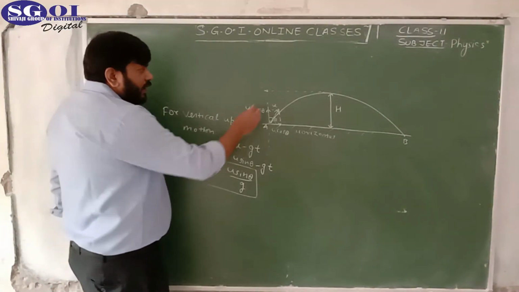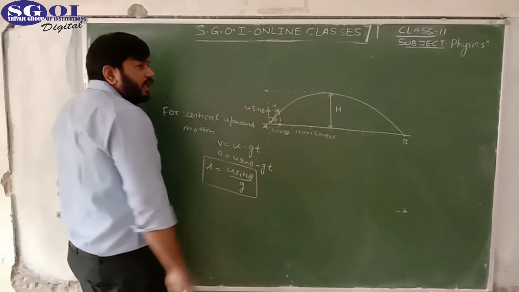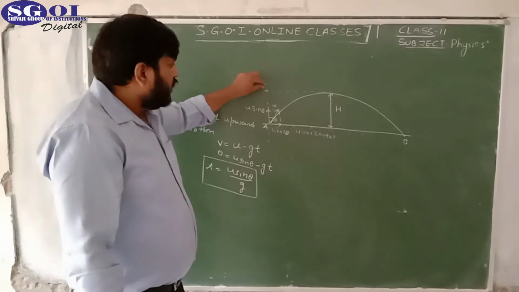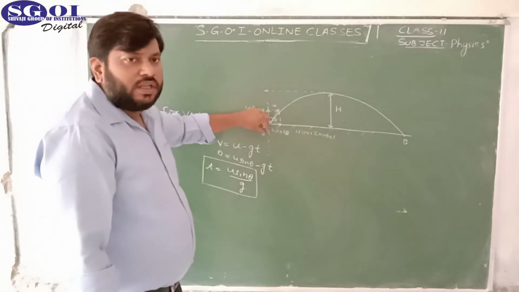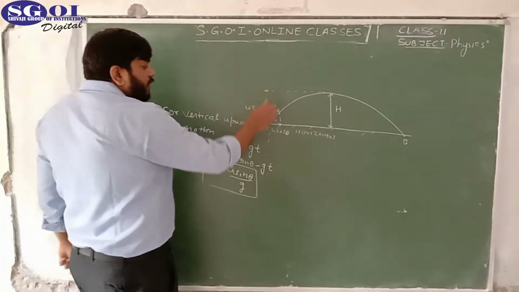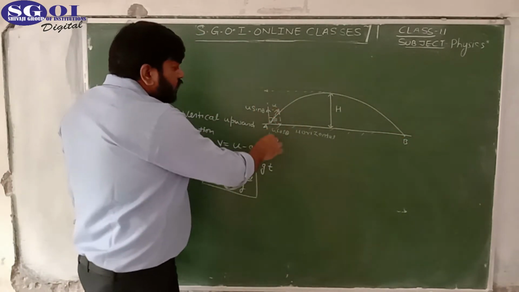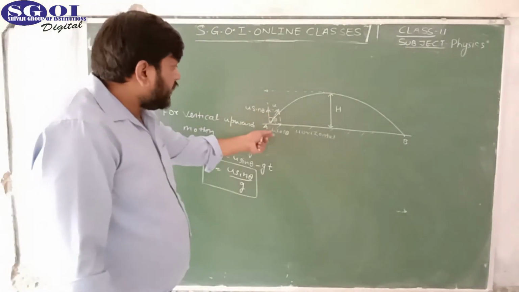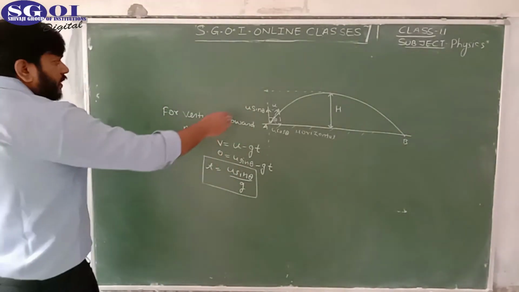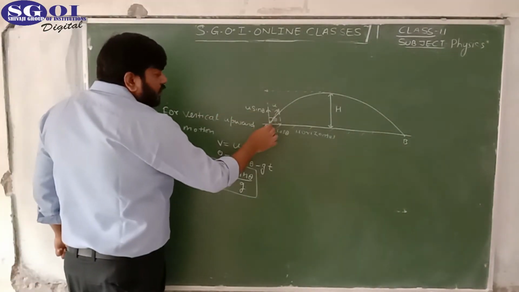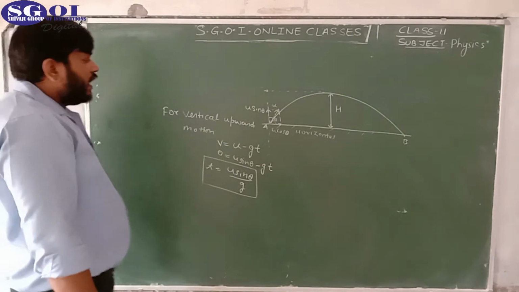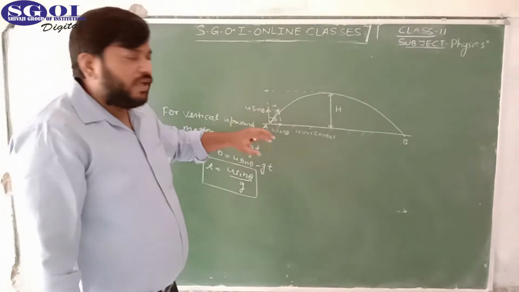After attaining the height h, it starts coming down again, and finally it reaches the same level. The time taken for the object to come down and reach the same point is the same.